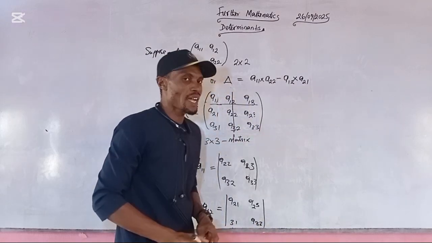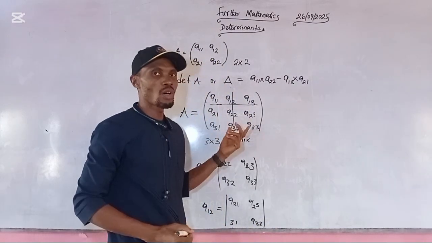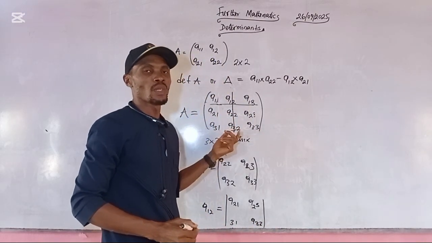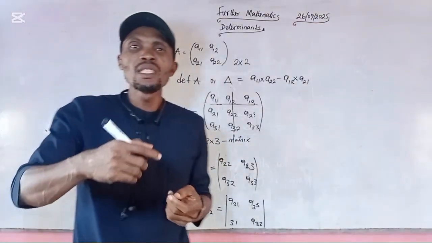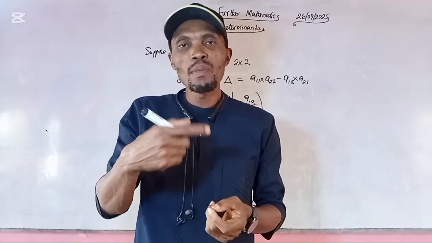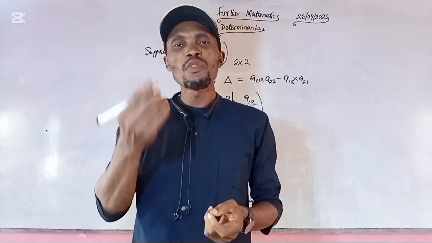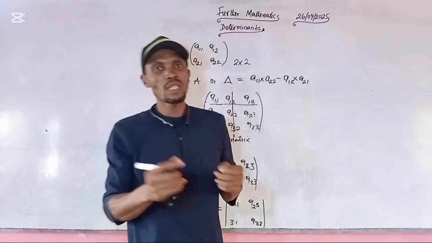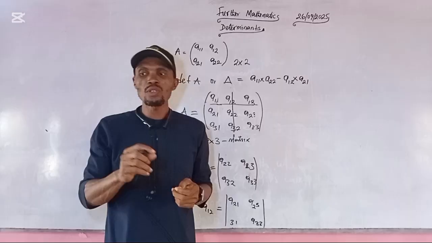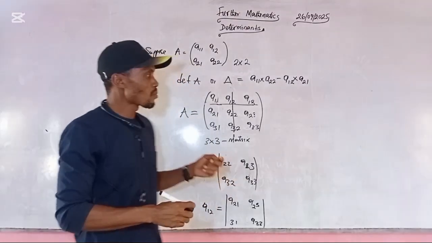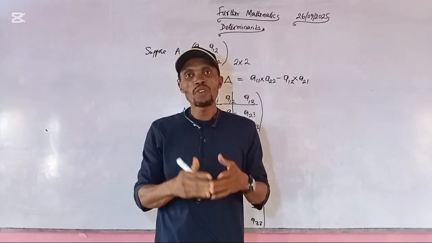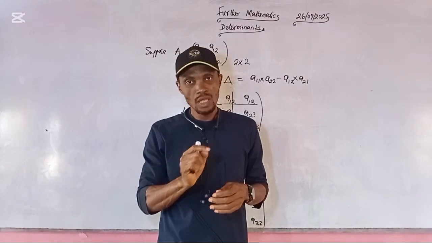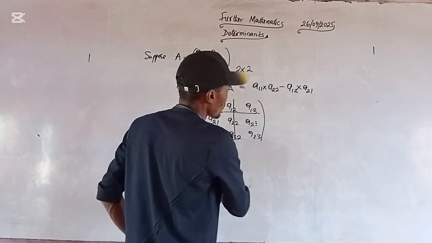So this is the idea of the minor of a matrix. Therefore, to obtain the cofactor of a matrix, which is a very important factor for the determination of the determinant of the matrix, we will see how to find the cofactor in the next few minutes.